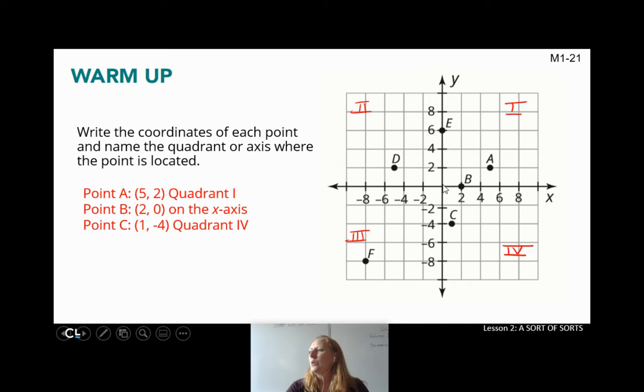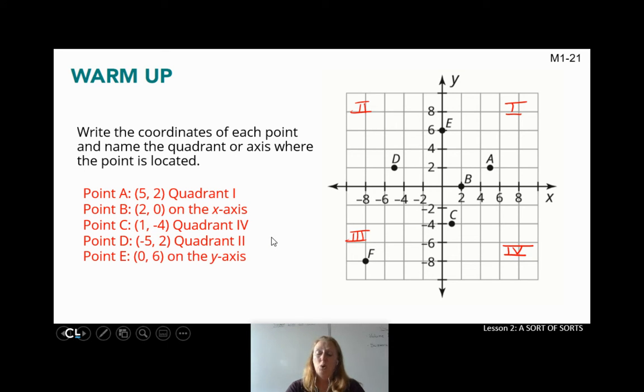Point D, it looks like we had to actually go left 5, so that's a -5, and then up 2 to put us in quadrant 2. So -5, 2 for quadrant 2. For point E, it looks like we didn't go side to side at all. 0 side to side, but we did go up 6 to give us a point of 0, 6 and leave us on the y-axis.